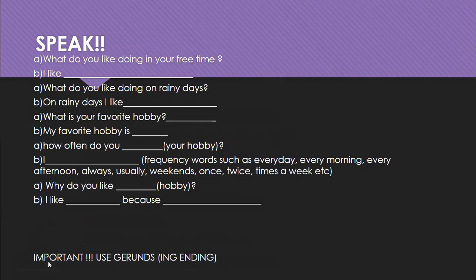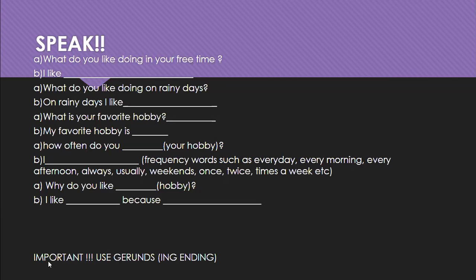It's the same thing, person A and person B, but here you have blank lines that we need to complete. I am going to read it first. Person A says, what do you like doing in your free time? I like, and here we have to complete it. For example, if someone asks me that, I will say, I like singing songs.